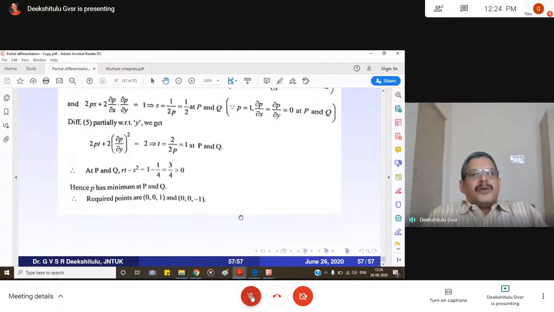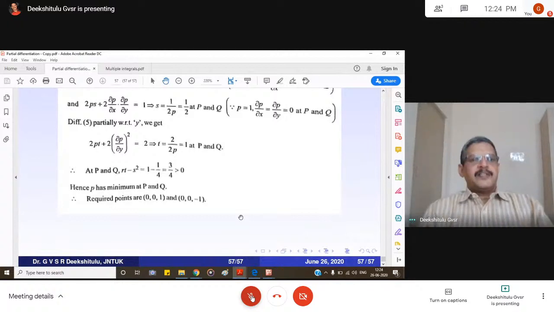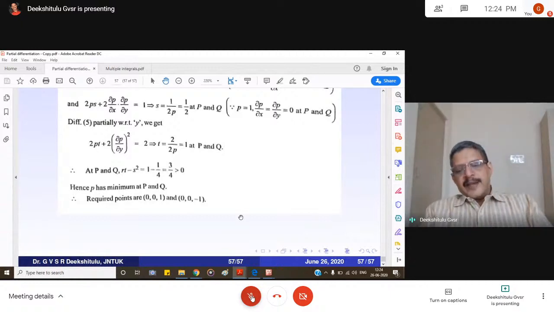Okay, so here ends the topic partial differentiation with the maximum and minimum. Now in one variable calculus, we start with limits, continuity, differentiation and integration, then definite integrals, improper integrals.